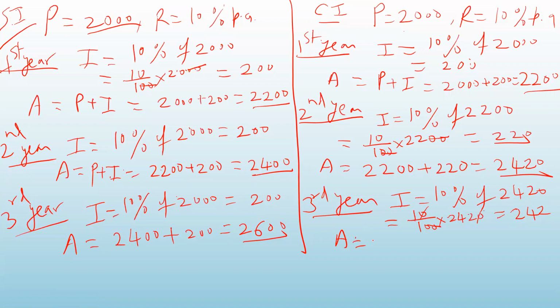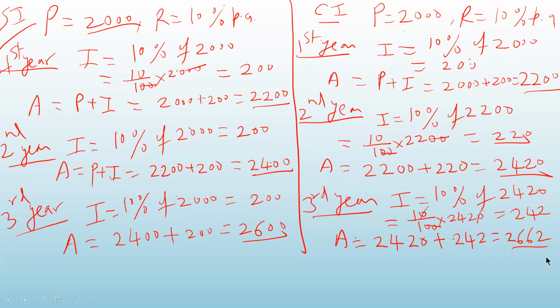And what will be the amount after 3 years? The amount after 3 years is calculated as the amount at the end of 2 years plus the interest of the third year, 242. So 2420 plus 242 will give you 2662.